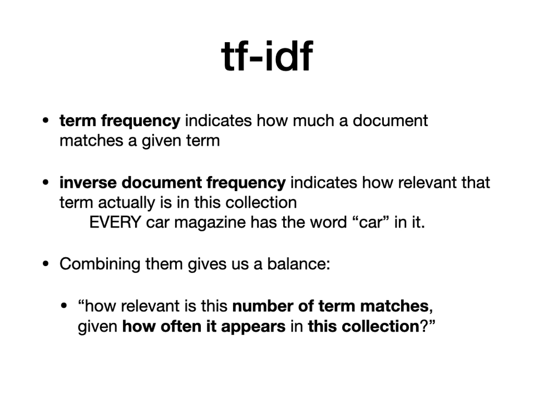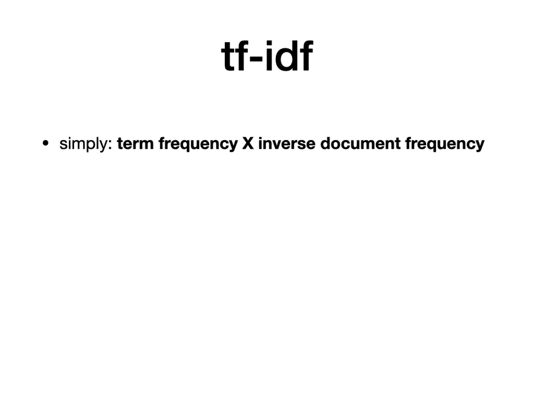When you combine them, it gives us a great metric all wrapped up in one little number: how relevant is this number of term matches in this document given how often the term appears in this collection? That's great. So, simply put, to get TF-IDF, you multiply term frequency by IDF.